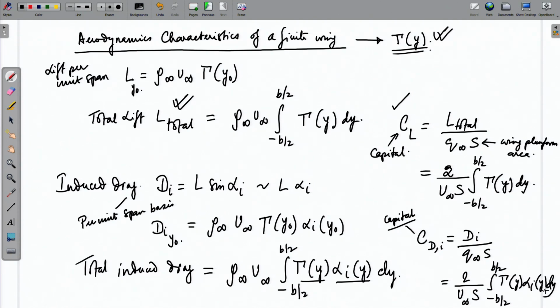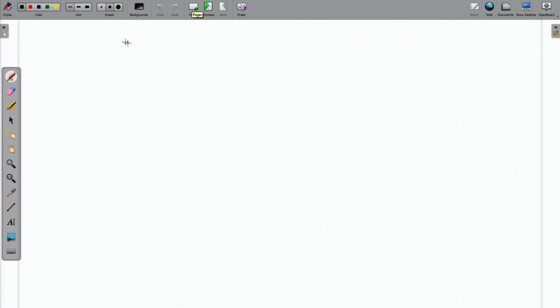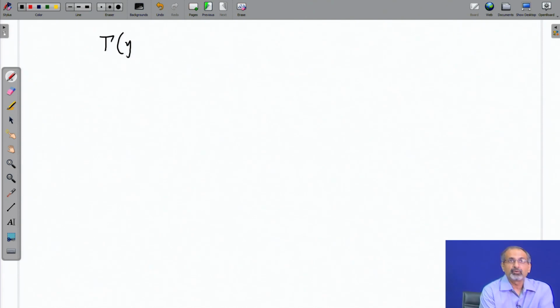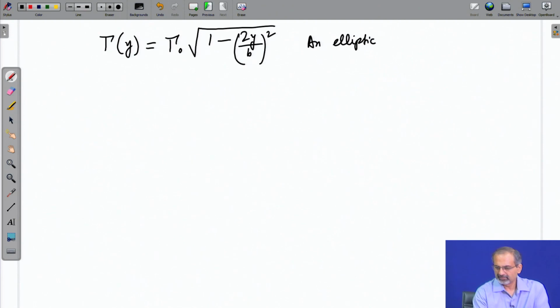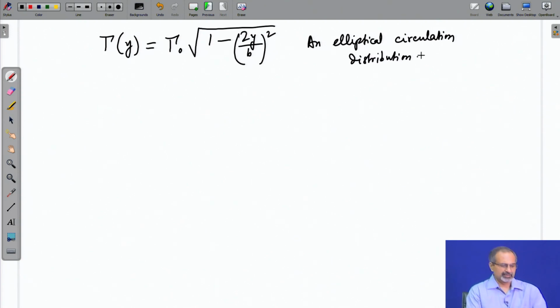Now, can we have a very special distribution of gamma y which can be easily integrated? Let us try to propose something. We are proposing an elliptic circulation distribution. Is it consistent? Let us try to figure out.